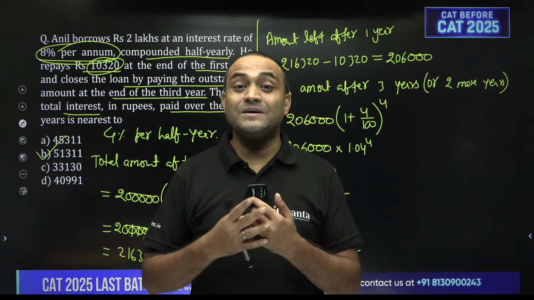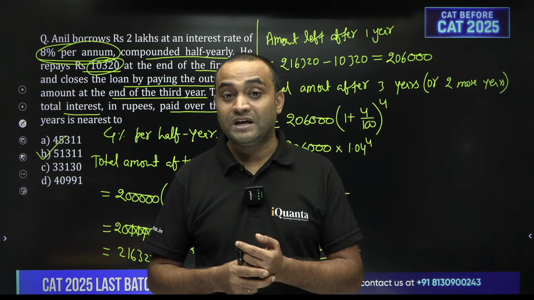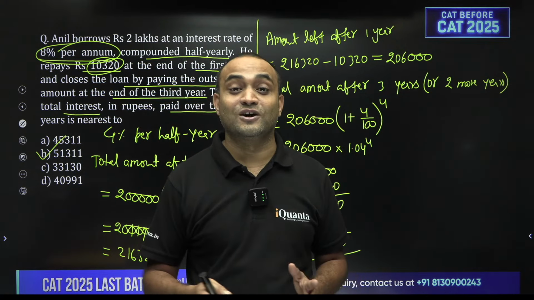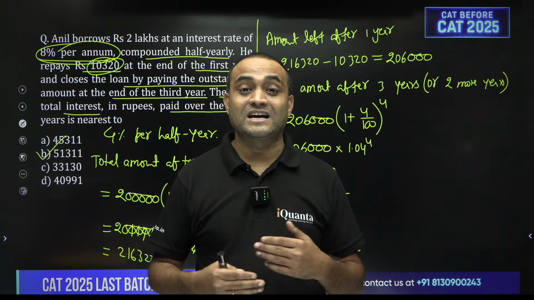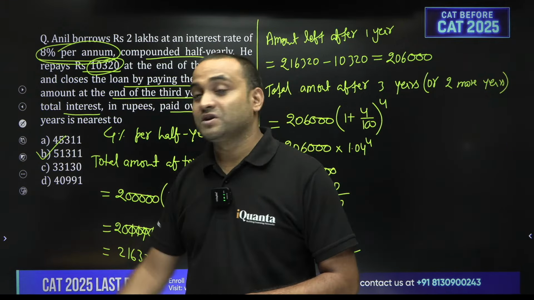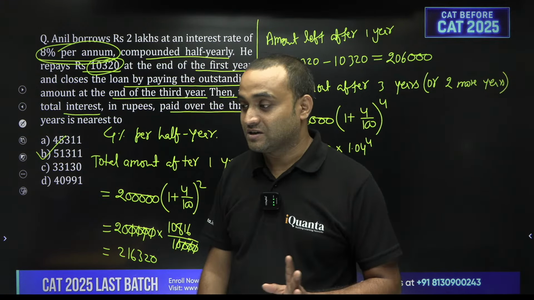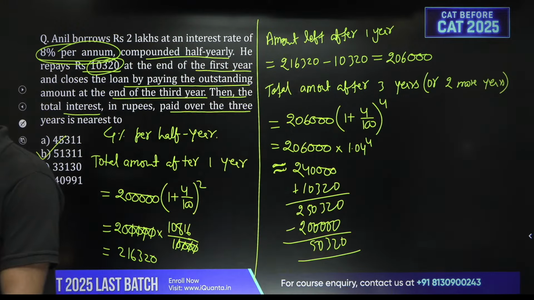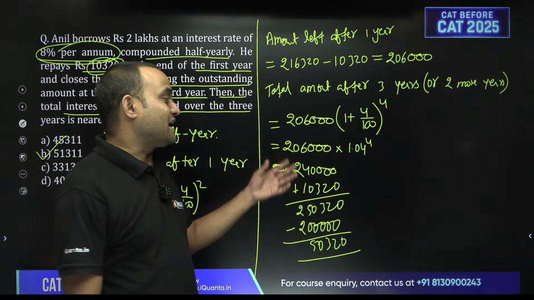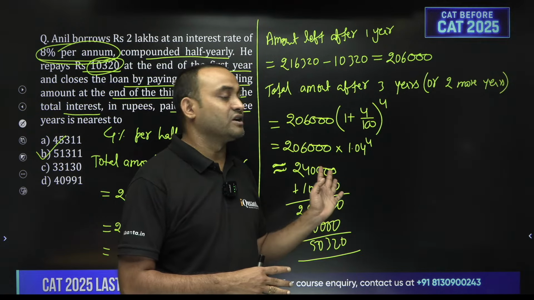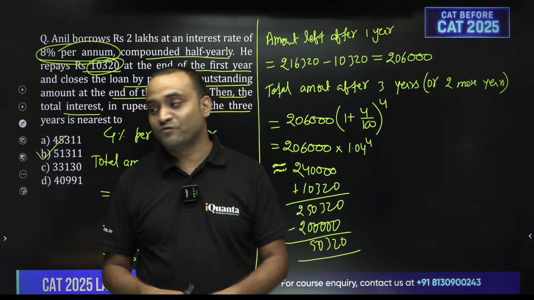If it was simple interest, it would be 24%. 24% of 2 lakhs is 48,000. So the exact value must be more than 48,000. There is only one option, which is option B. But once again, you can always choose to do the precise calculation if you have time in hand. Otherwise, you can do a calculative guess, mark the answer and move forward.